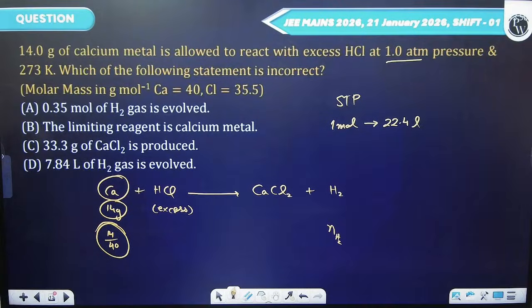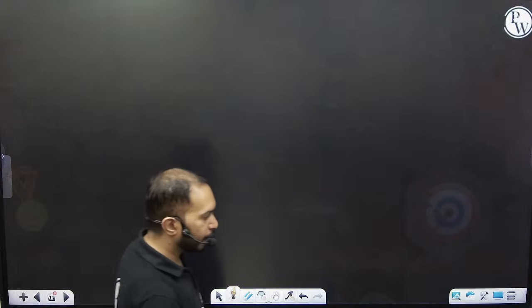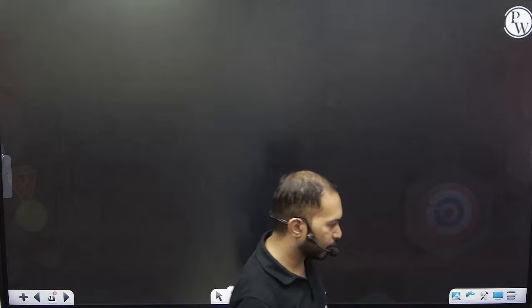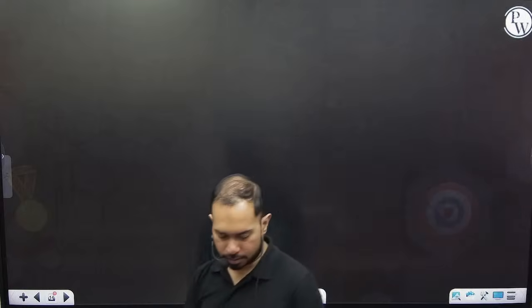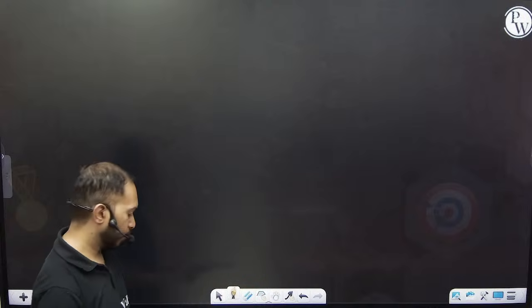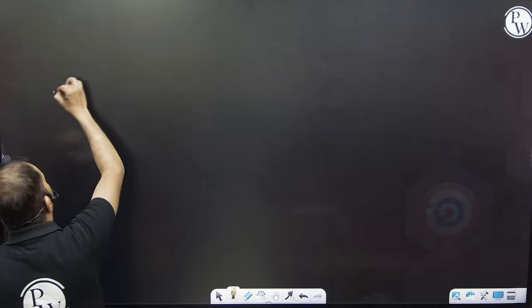Okay. So moving ahead, there are a few questions of organic as well. I would say that there was one question of organic chemistry in which stability of resonating structure was asked, right? I'm just making two structures.